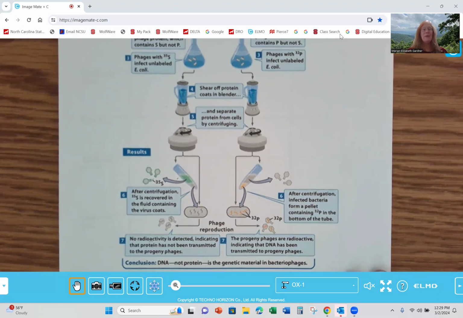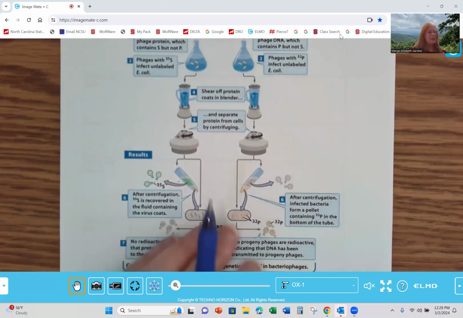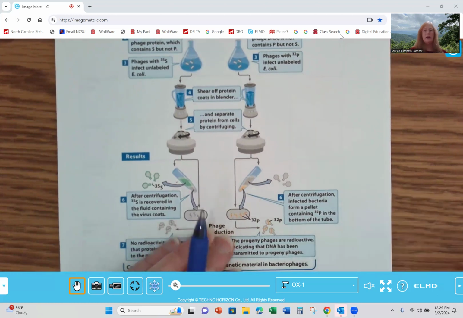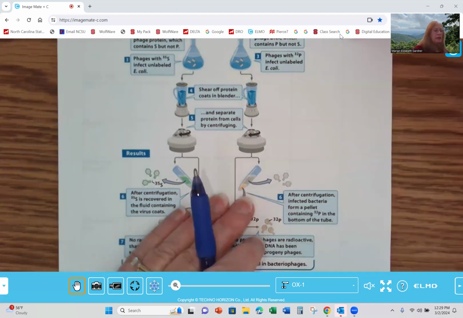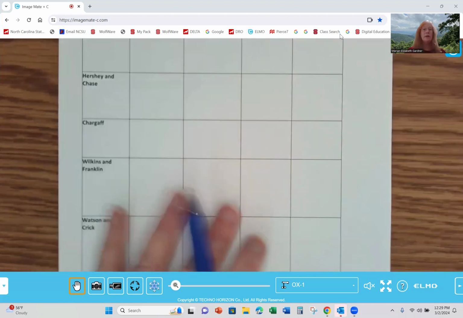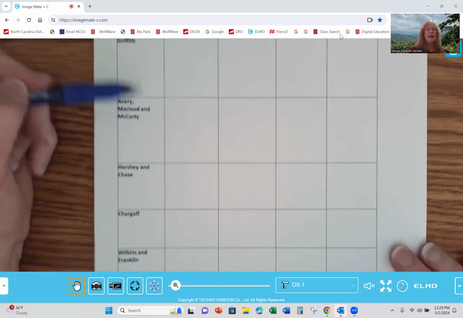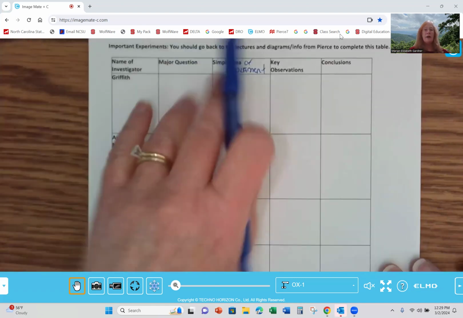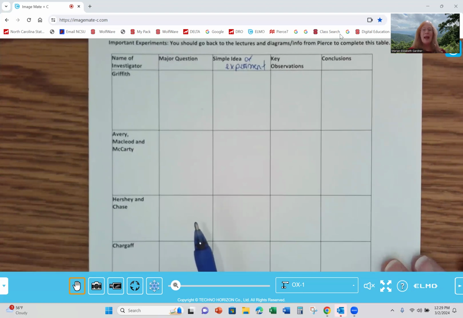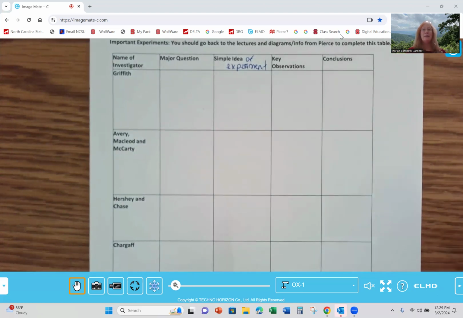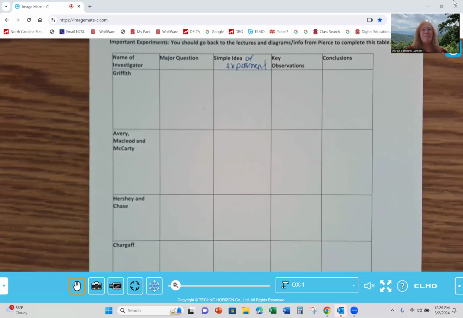So DNA was the infectious agent in the bacteriophages. I encourage you to look at all of these experiments that were in this chart, as well as the other experiments that were mentioned in the lecture slides, and fill out this type of information for each of the experiments. And the key does have this completed online.